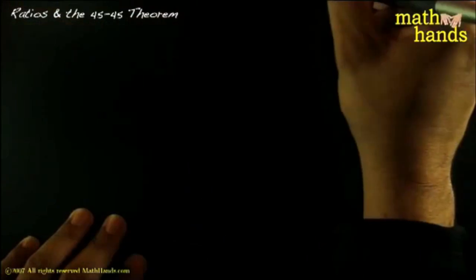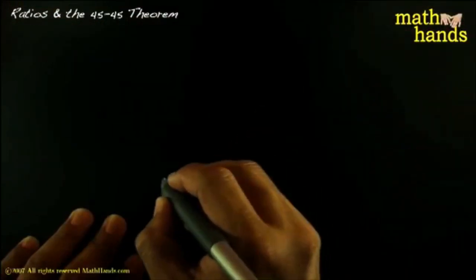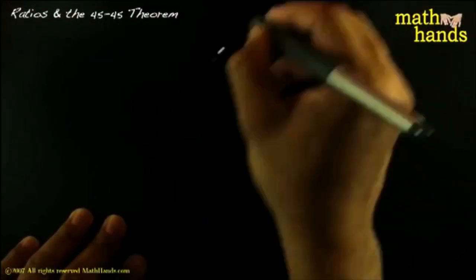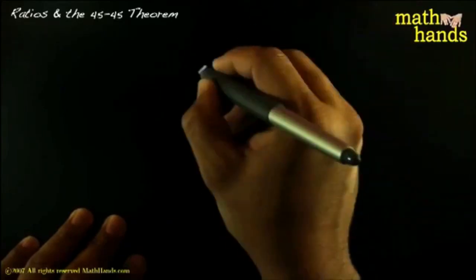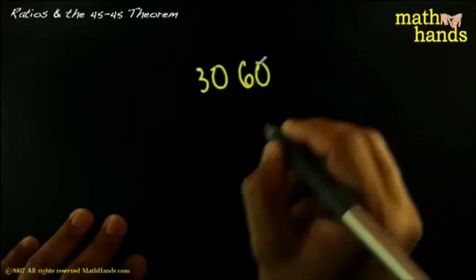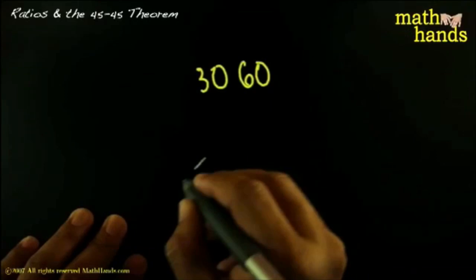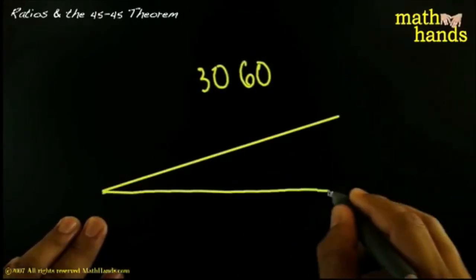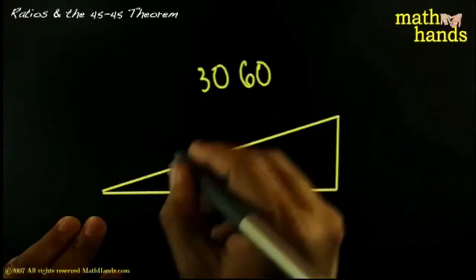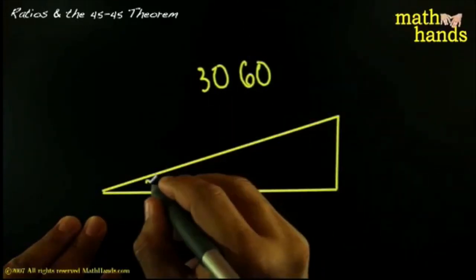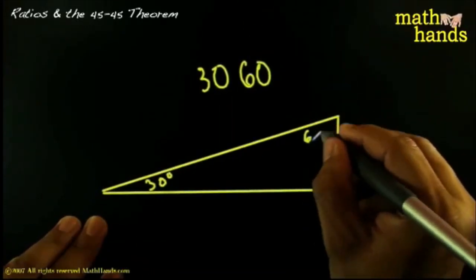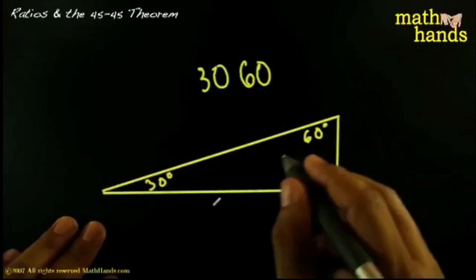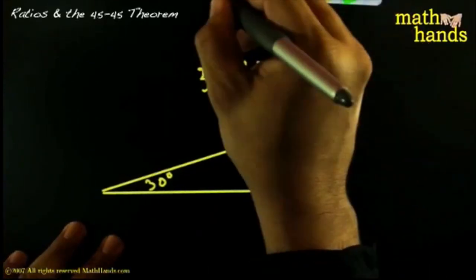And let's just remember here, one of the crucial ideas was the 30-60 theorem that said that on a 30-60 triangle, okay, so if you have a triangle where you know the angles, one of the angles is 30, the other one is 60, and the other one is a 90-degree angle, then we knew exactly at that point the ratios.